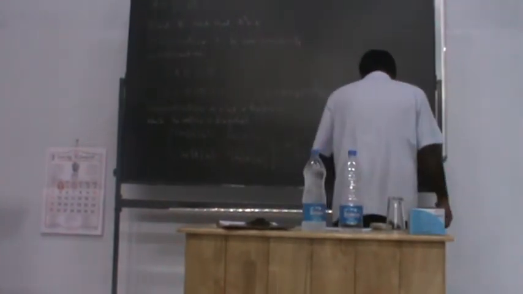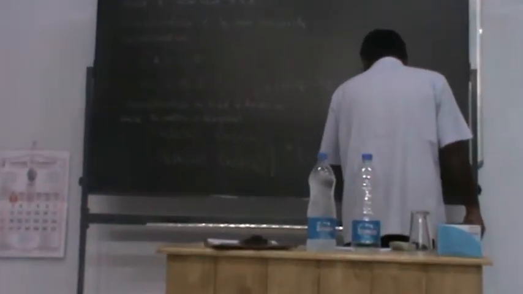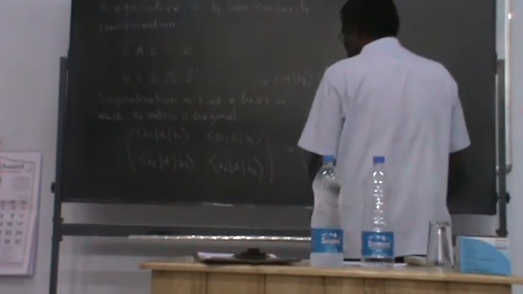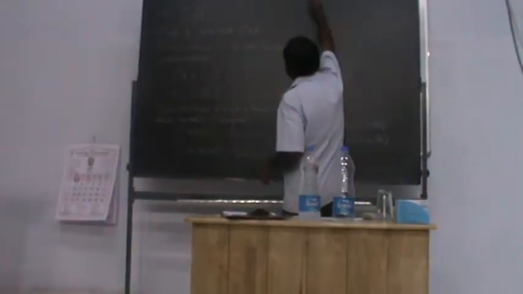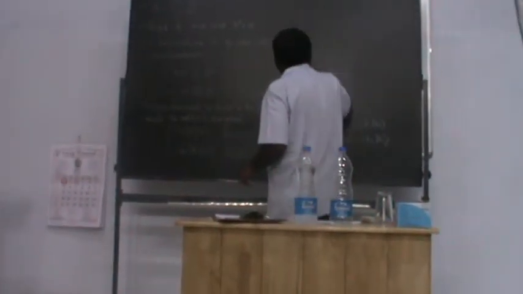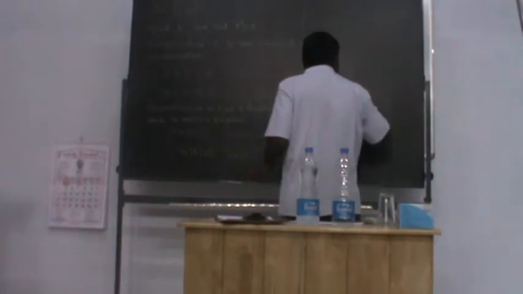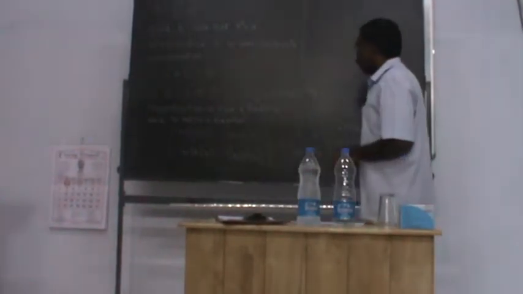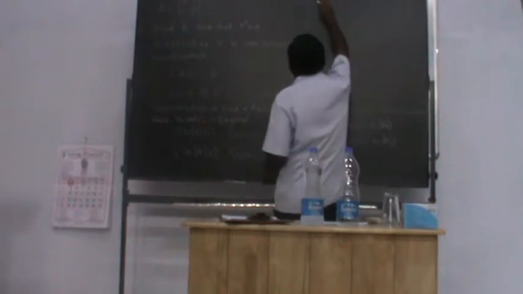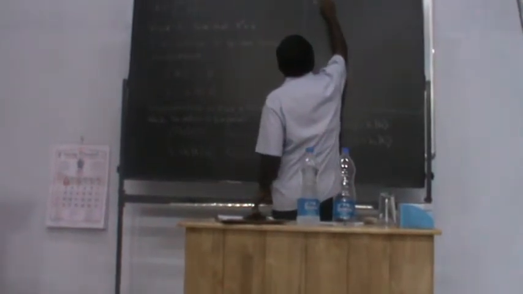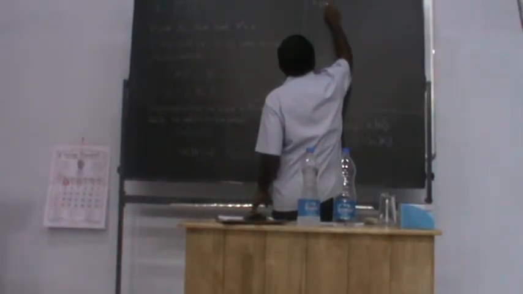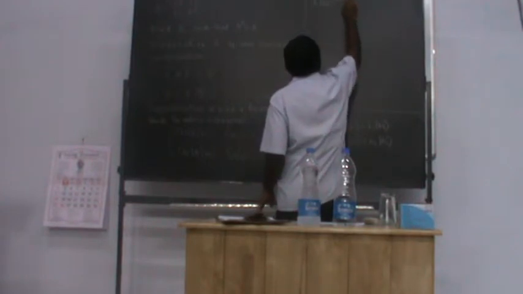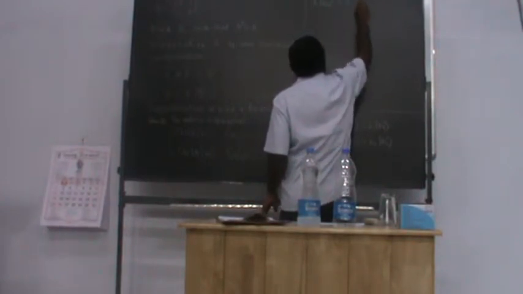Okay. So now let us formally write it in the following fashion. So let's say that A of B1 is equal to lambda 1 of B1.